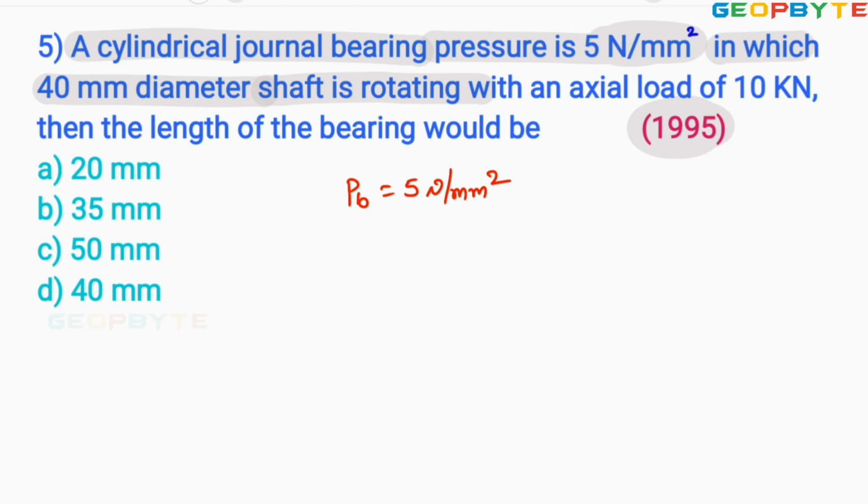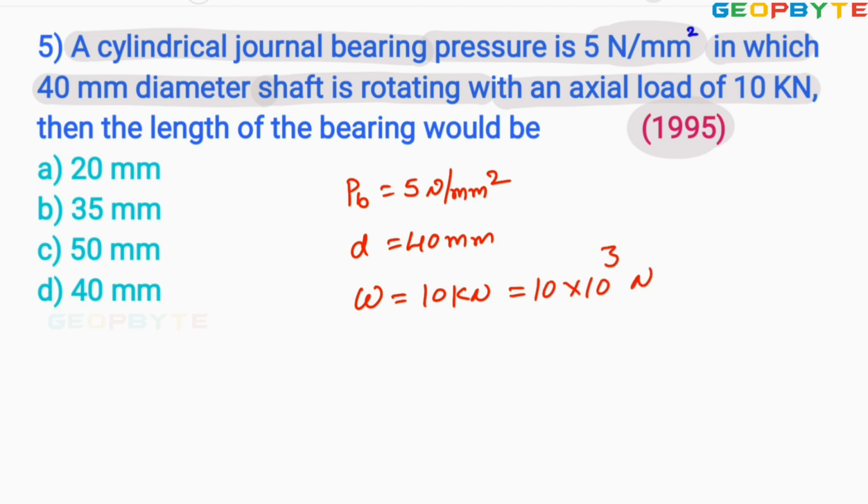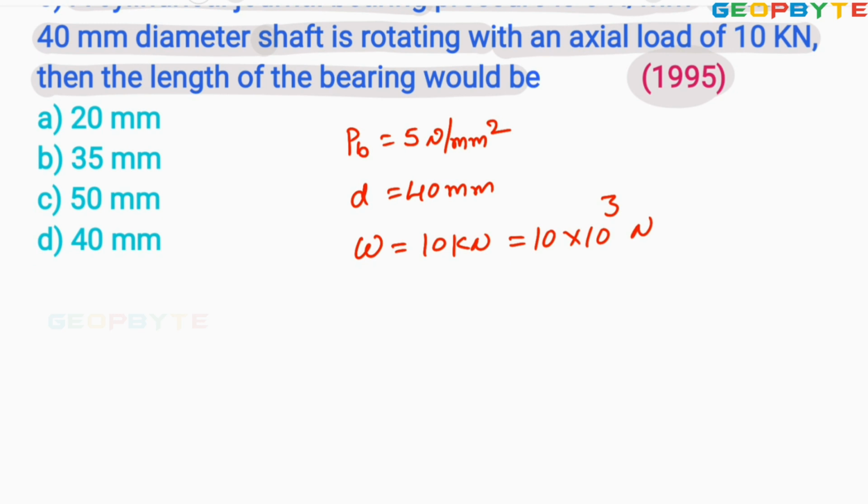The diameter of the shaft equals 40 mm, with an axial load of 10 kilonewtons. Axial load, let it be W, 10 kilonewtons, which equals 10 into 10 power 3 newtons. Then you are asked to find the length of the bearing, L.